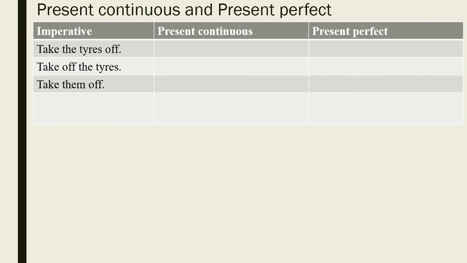So the present continuous is: I am taking the tires off now. And the present perfect is: I have taken the tires off. The next one, take off the tires.